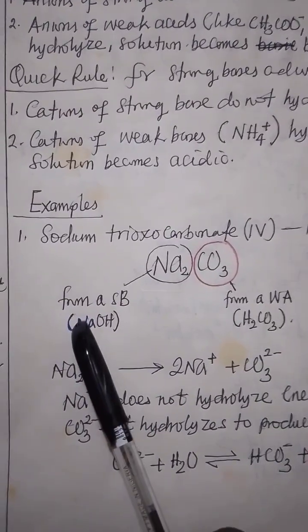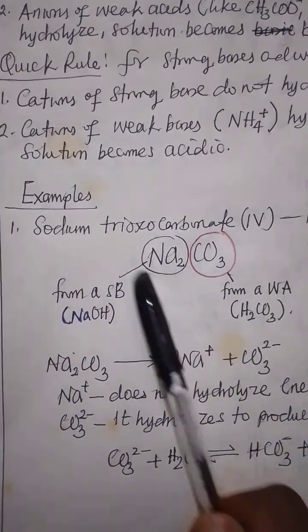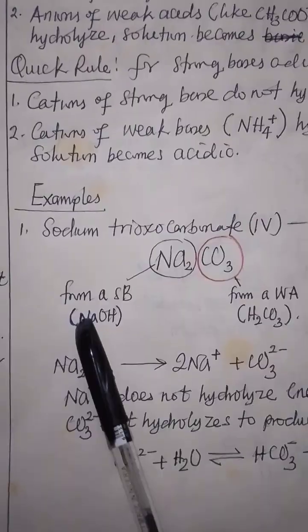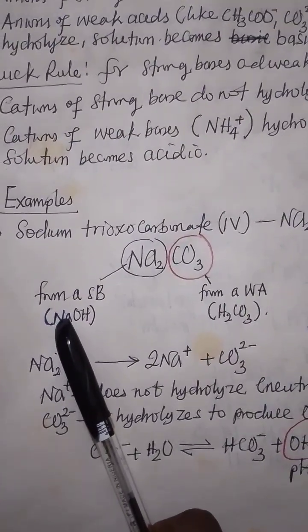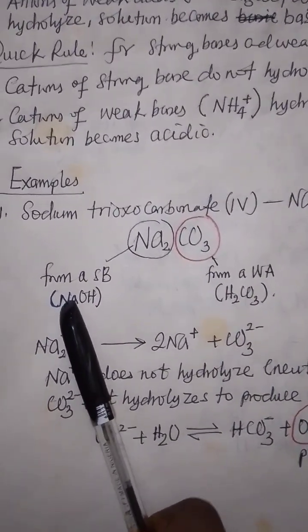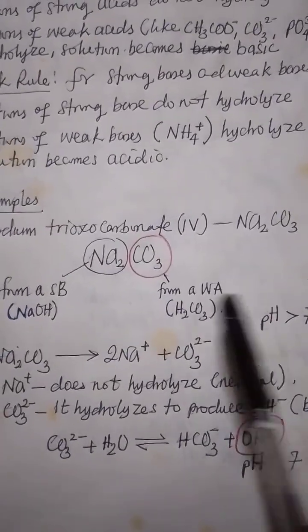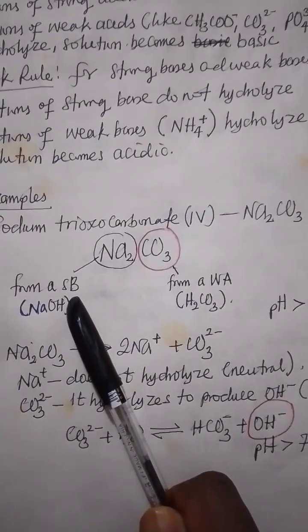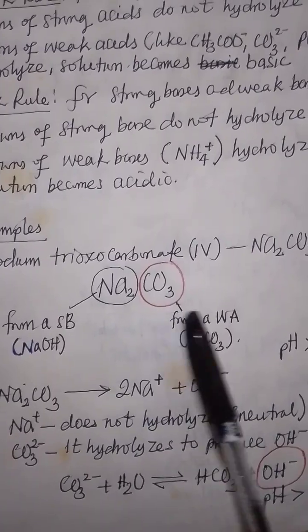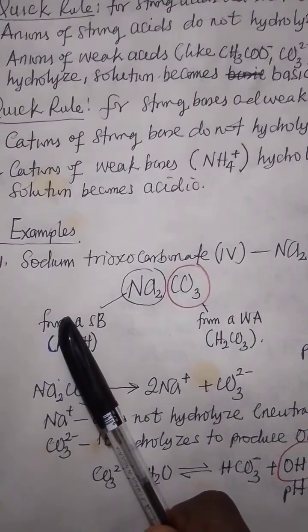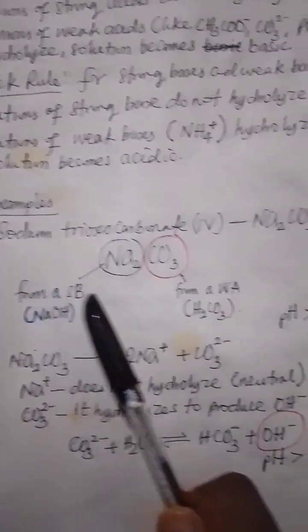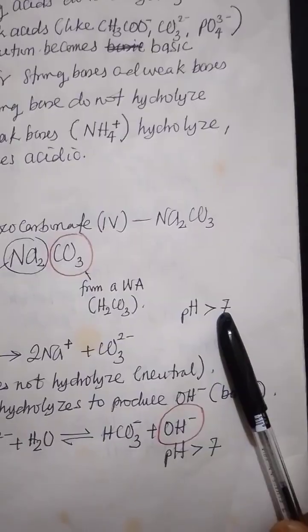So because this salt is made from a strong base, and because the base is stronger, the pH is greater than 7. So when you have a salt from a strong base and a weak acid, the strong base rules that environment, the pH becomes greater than 7.